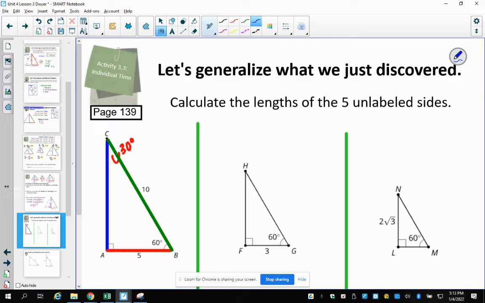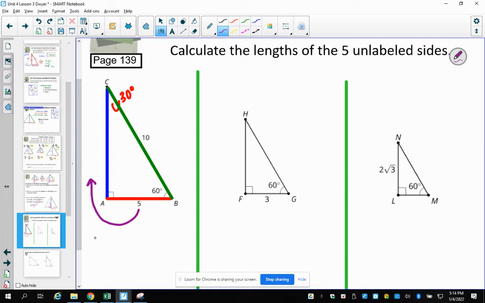So what was the relationship we just saw there? Multiply by 1.73 and you'll get that altitude. So the altitude equals 5 times 1.73.